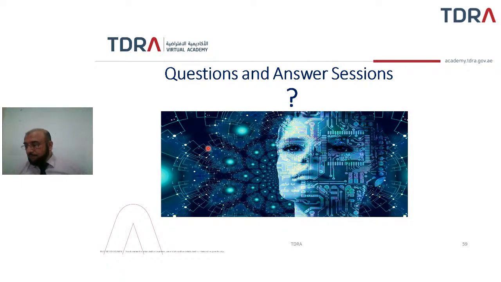Okay, I think we have already addressed all the questions. If you have any questions, AI is a vast field. We can use it for our problems and make life happy and easy.